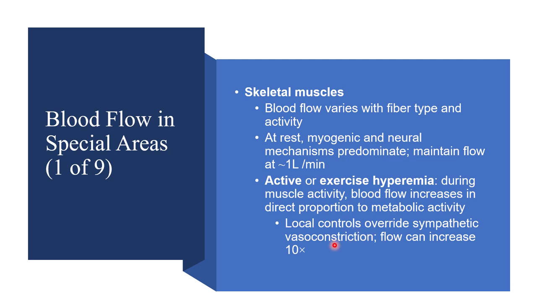During active body movements or during exercise, hyperemia, or an increase in muscle activity, blood flow increases in direct proportion to metabolic activity. Local controls override the sympathetic vasoconstriction, and flow can increase actually 10 times.